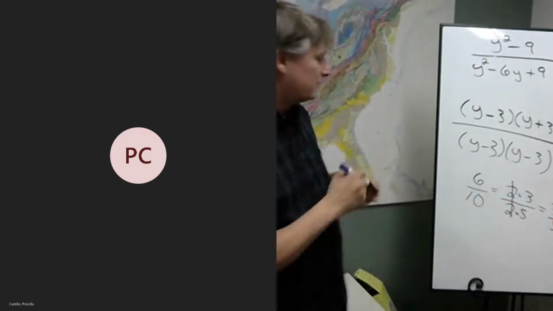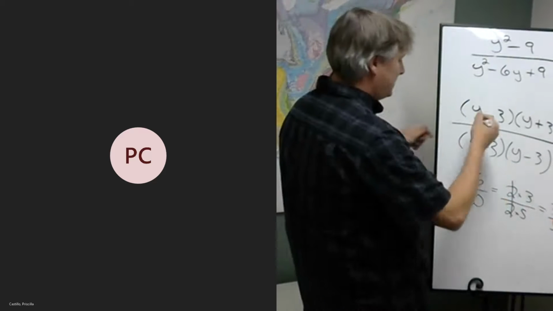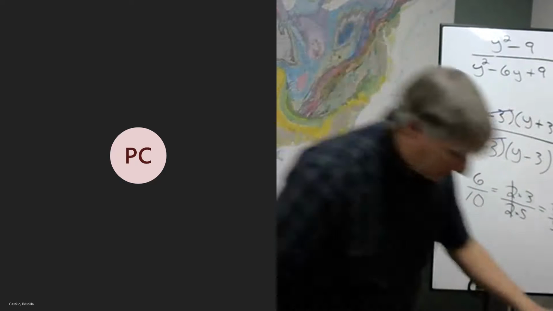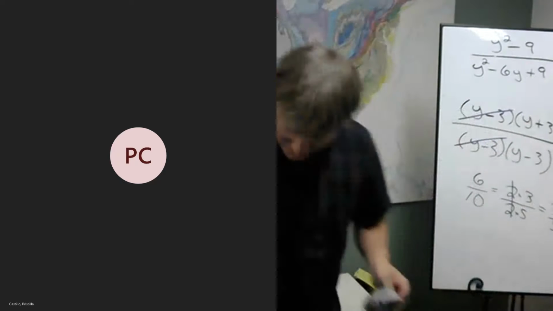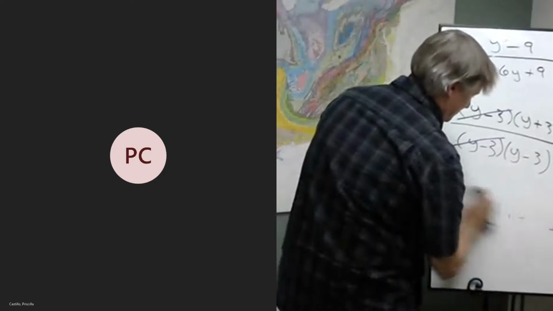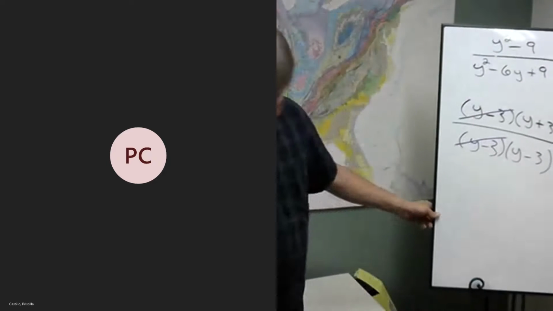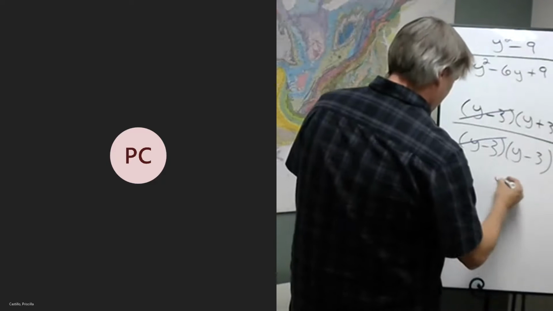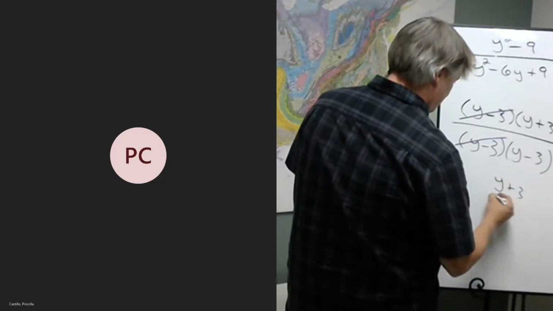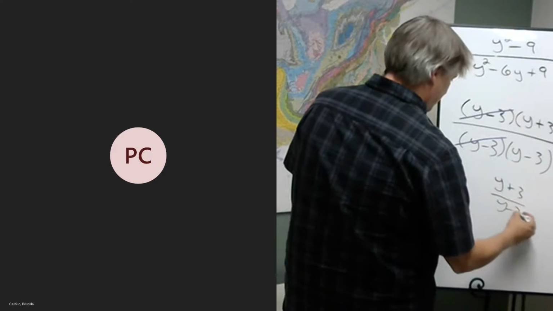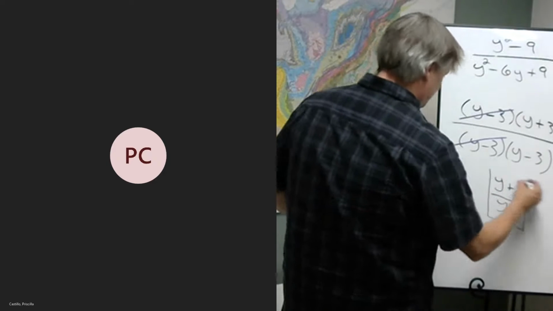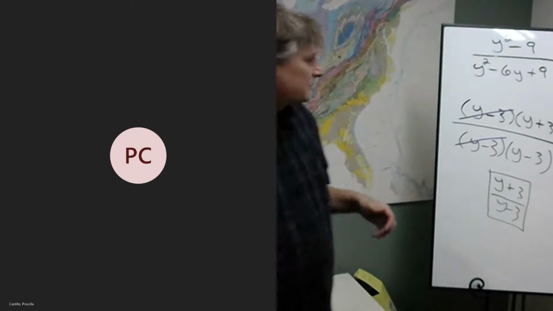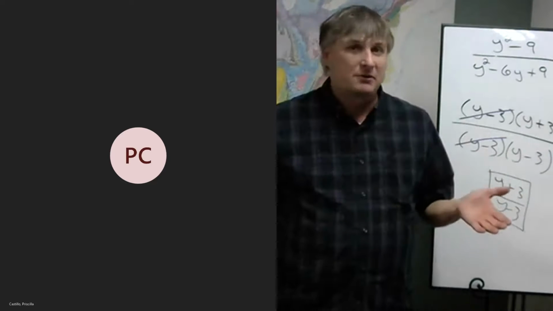So same thing here. We can cancel the y minus 3. And we're left with y plus 3 over y minus 3. So this is like reducing fractions.